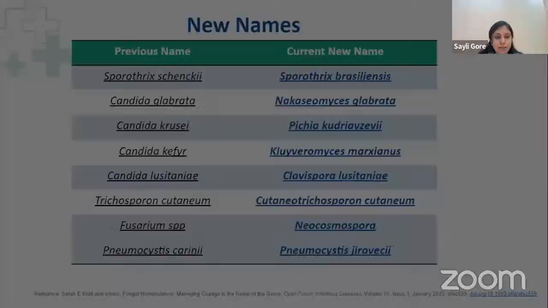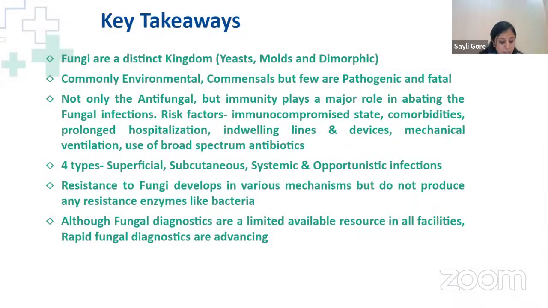So, coming to an end, I hope you all have acquired some basic understanding of mycology, and there are some key takeaways for you all. Fungi are distinct organisms, and there are mainly three types: yeasts, molds, and dimorphic. They are commonly environmental and commensals, but a few can turn pathogenic.